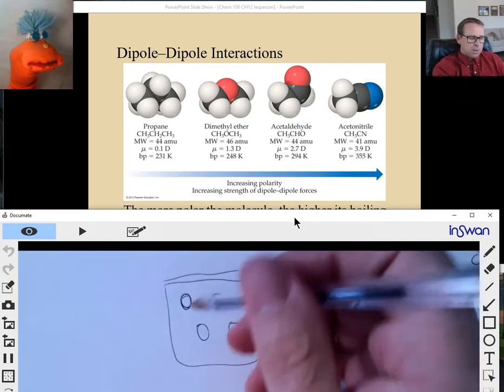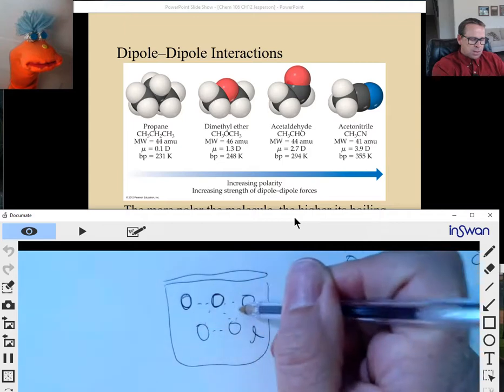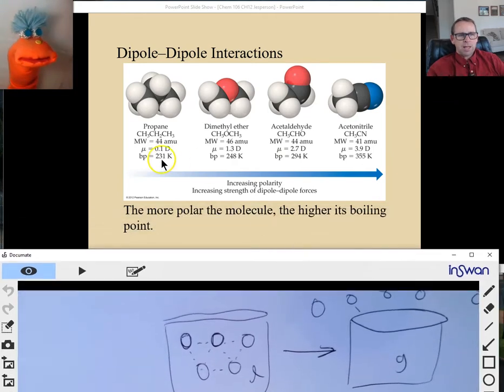Well, for that to happen, any intermolecular interactions that might be occurring have to be overcome. It's these intermolecular interactions that are causing it to be a liquid, and if I want to overcome them, I have to add energy. Okay, I get that. That makes sense. So that's why we see a higher boiling point with compounds that have a higher dipole moment, or that are more polar.